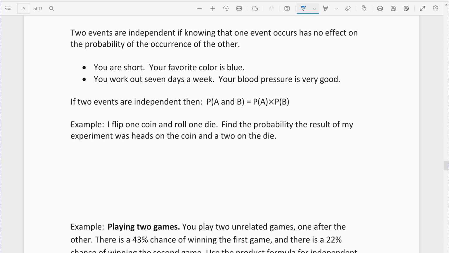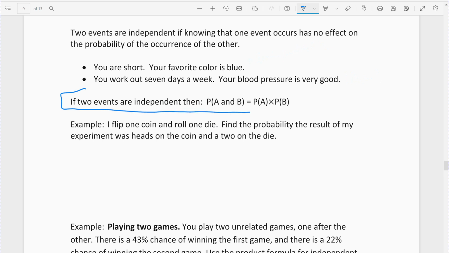I would say this would be independent. This would be dependent, but not always. Doesn't always come out. So again, that one could be dependent or independent, depending on the body chemistry.